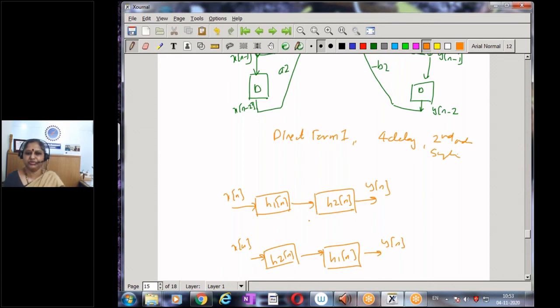So the order in which I put the two blocks does not matter when both systems are LTI systems represented by an impulse response.